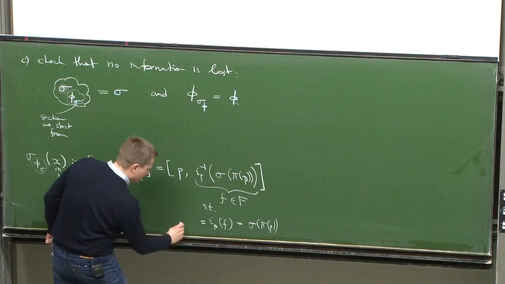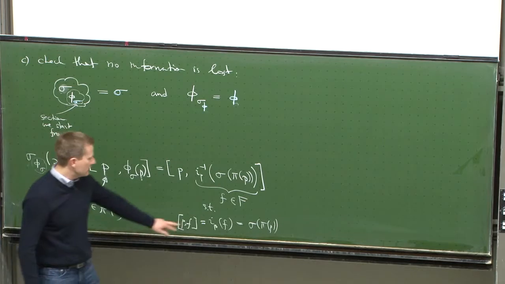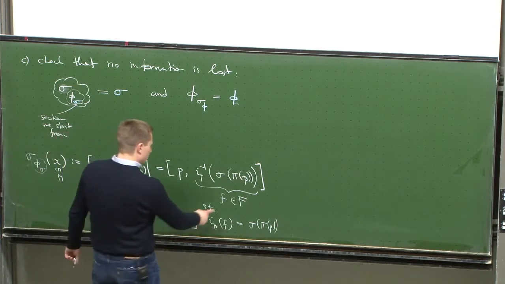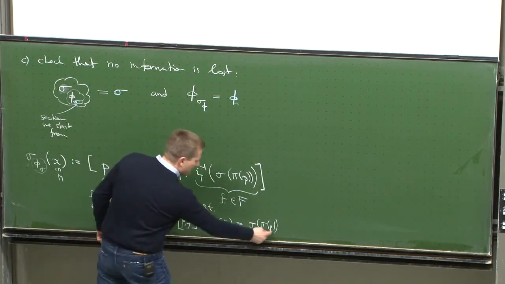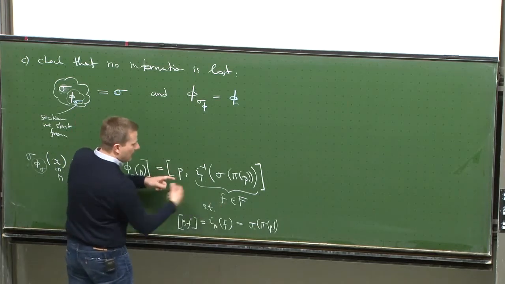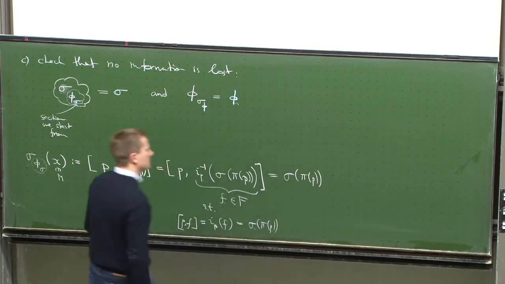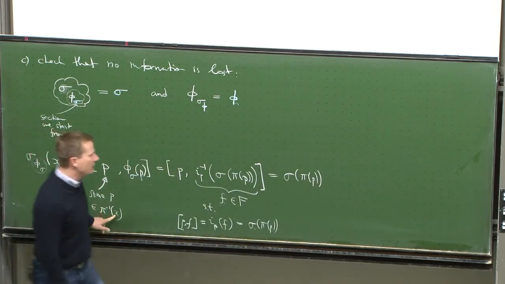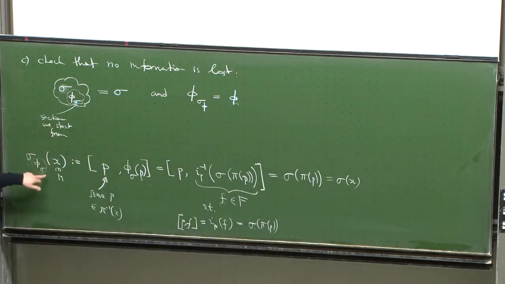The IP of F was the P with the F bracketed by definition of the IP. So this is an F such that PF is sigma of pi of p. But pi of p was x, since p was in the fiber over x, so this is the sigma of x. For every x in M, we recover the sigma of x.